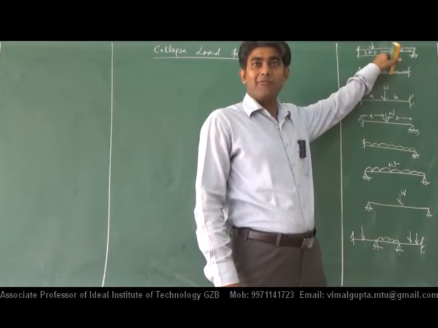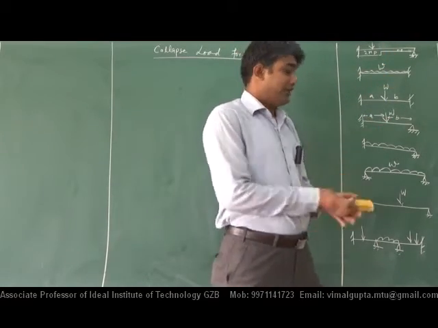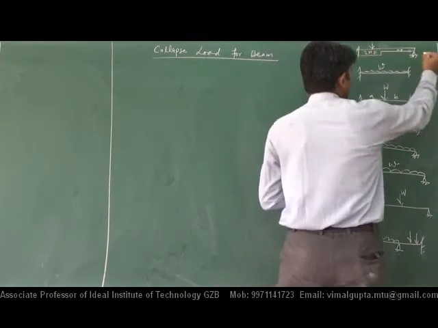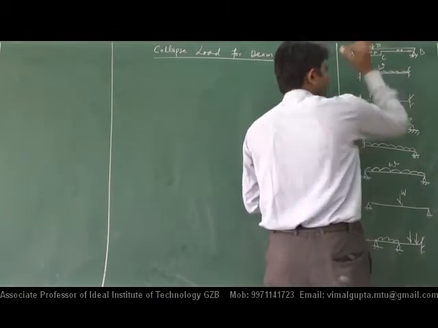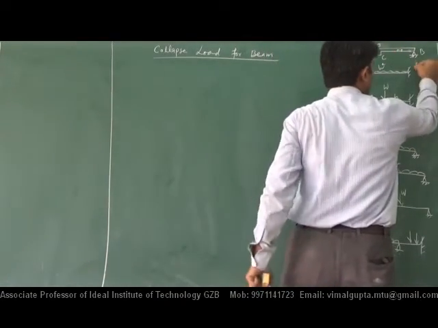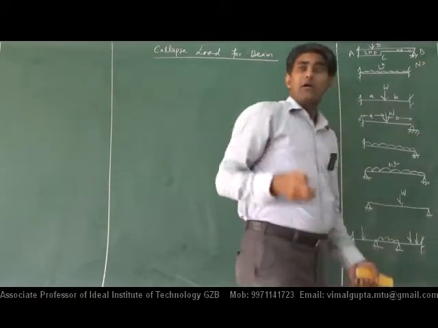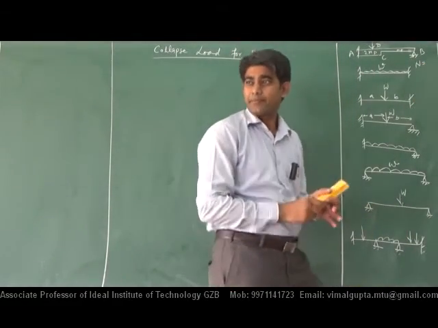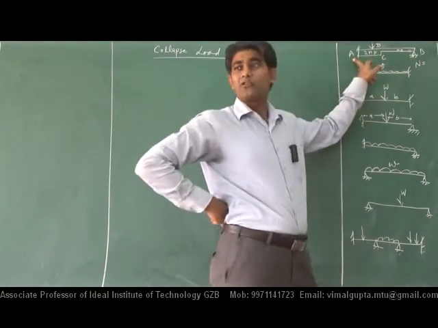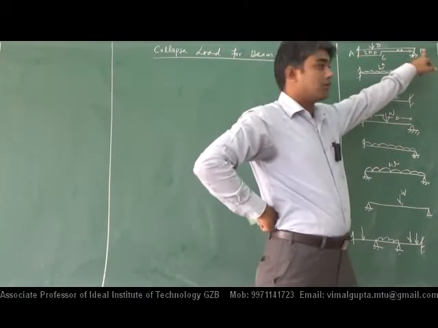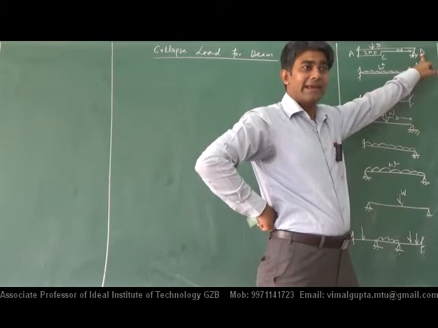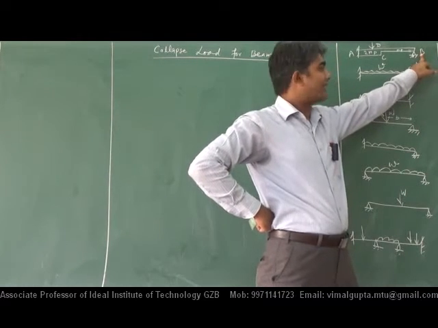You have to remember one thing, that if this beam is A, B, and this is point C, and this is point D, then tell me the total number of possibilities of plastic hinge. 1, 2, these are compulsory. A and B, these are compulsory.